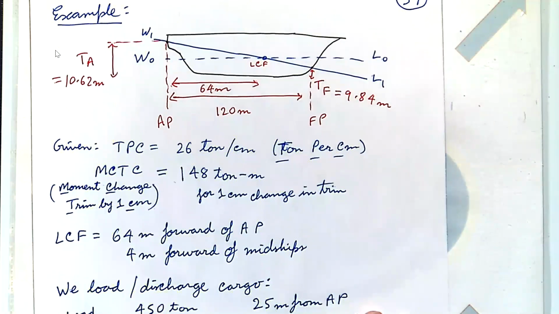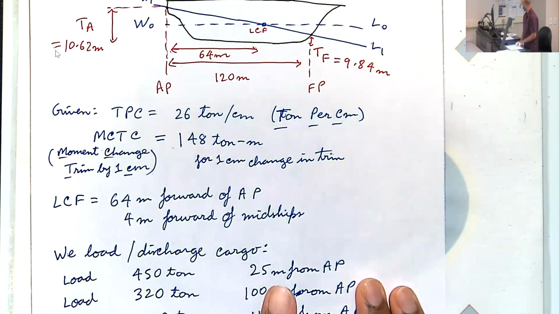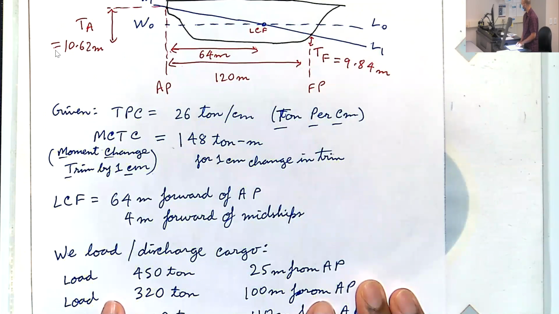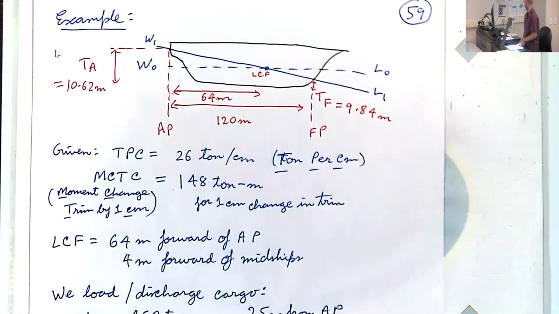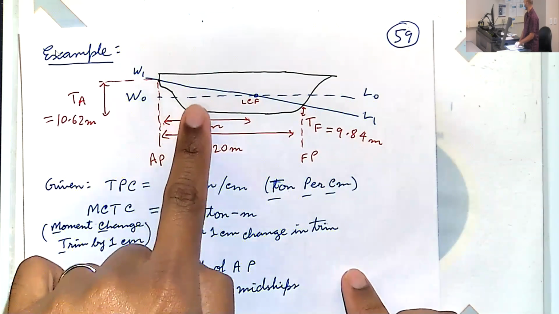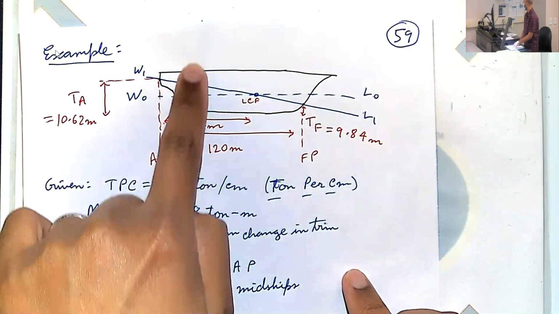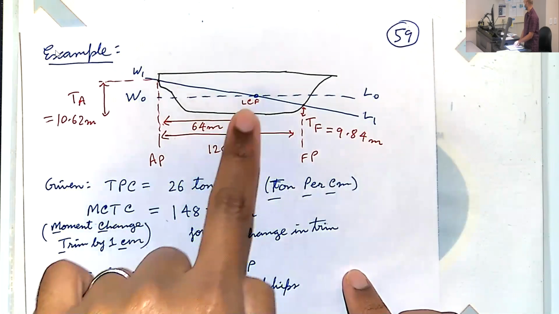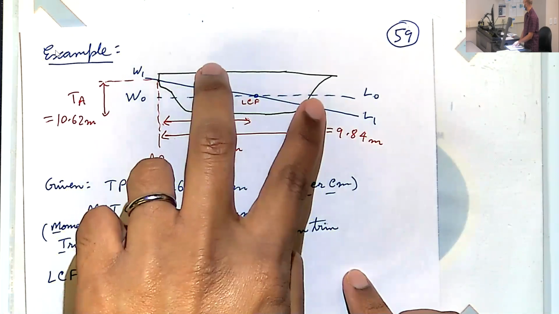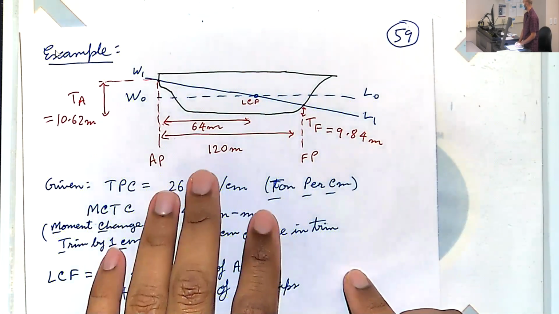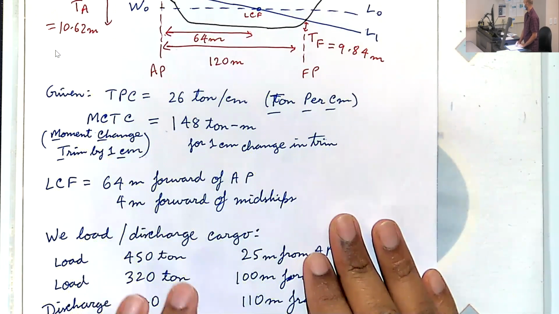Nose up. Okay, because? It's closer to the back. Yeah, it says 25 meters from AP, right? So 25 meters from AP would be somewhere here. So we add a weight here. We know this is our hinge. So we're pushing the ship down, nose will rise up, okay? So this we do for all of them.